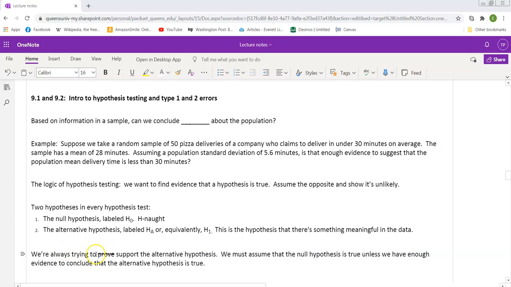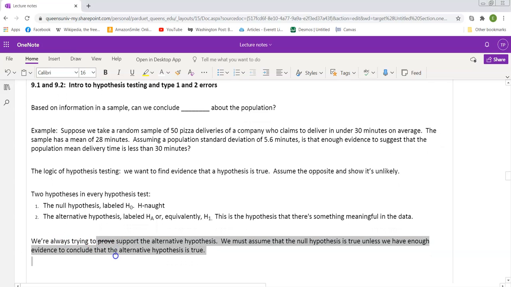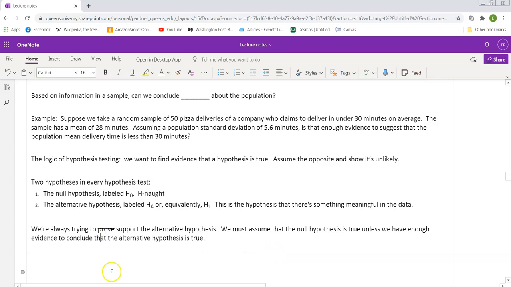And I'll point out here, you see how I took this word prove and struck through it? That's because we can't ever prove anything conclusively using statistics. So take that word out of your vocabulary for this course, because we can't ever say anything conclusively here.